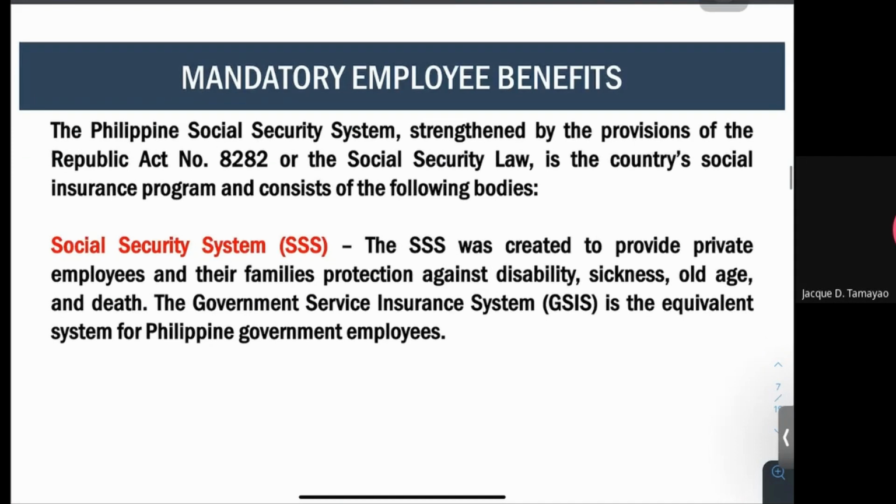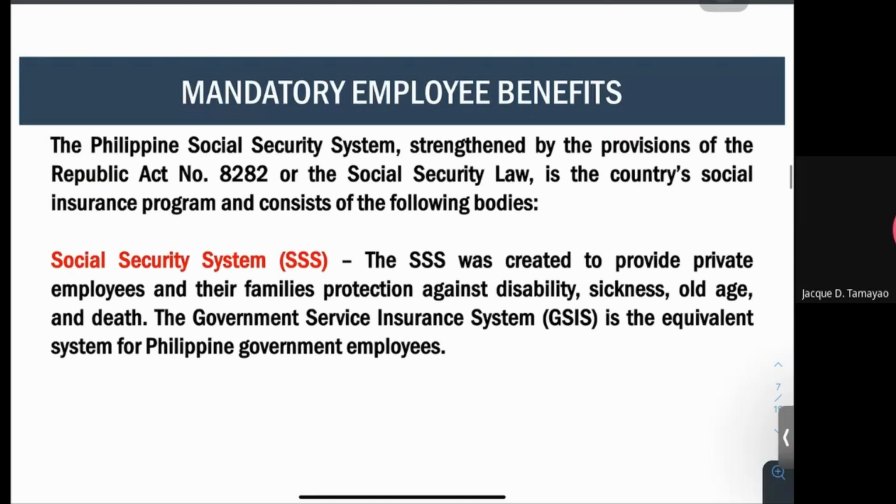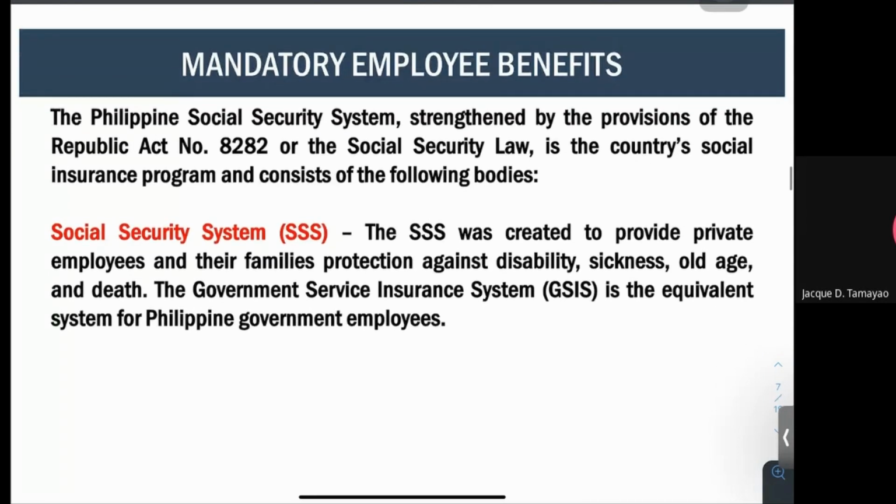Okay, so we're done with your premium payments. Because generally in a payroll, the following are the items we need to compute. First, of course, your basic pay. Second, we compute your premium payments.